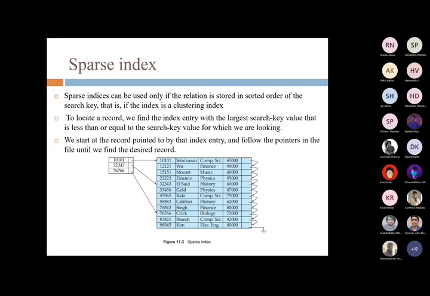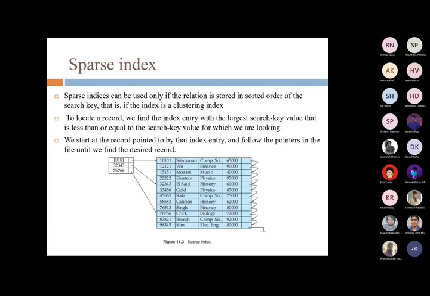So the index value should be less than or equal to the search key value. So we are going to pick 10101. Then from 10101, you are going to move to the next record, followed by the next record, and finally you get to the record Einstein with the value 22222, right? So we start with the record pointed to by that index entry and follow the pointers in the file until we get the desired record.